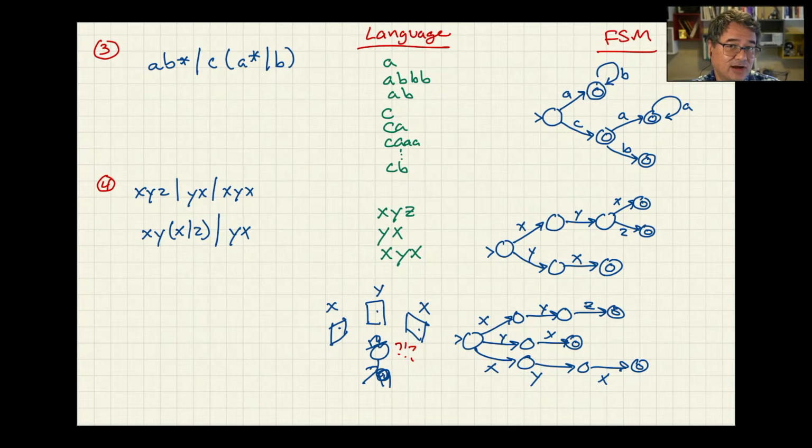Not impossible, but it's impractical to write a program like that, particularly the way we wrote it, where it only looks at one symbol at a time, and there's no way for it to look ahead. So there is an algorithm for transforming one with ambiguity into one that doesn't have ambiguity. And we'll be looking at that over the next couple of days.